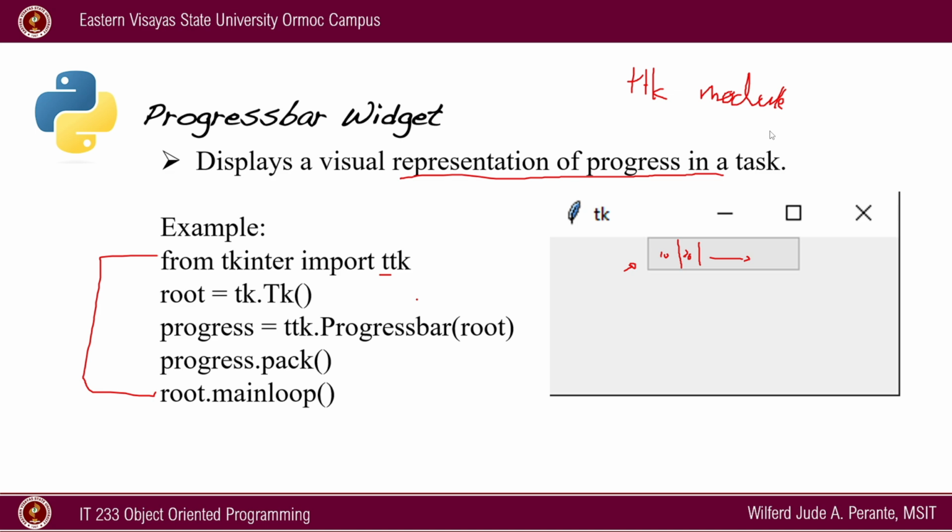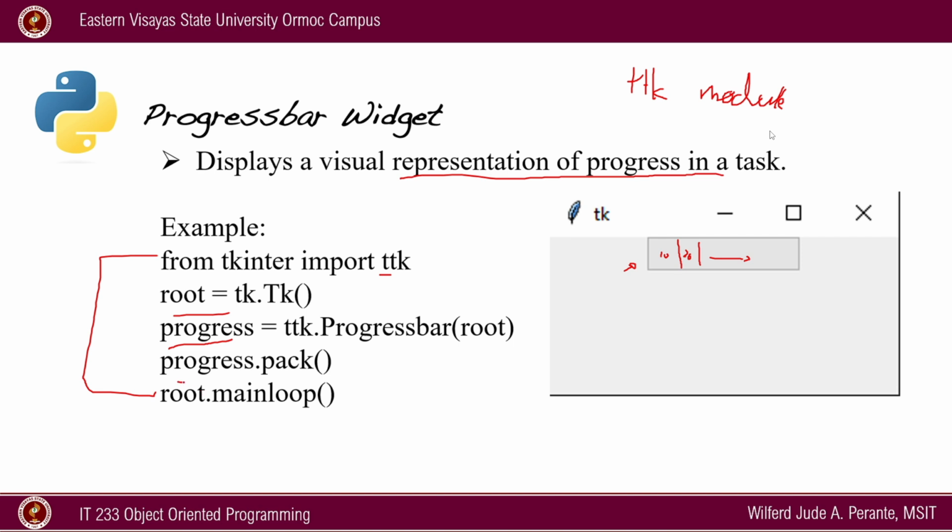progress bar. We also have here our root equal to the Tk function. It creates our main window for the Tkinter application. And for our progress bar, it creates our progress bar widget in our main window.